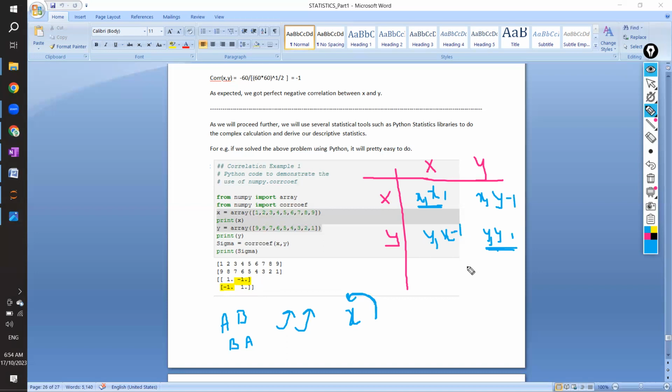Why this is -1 we have seen: the same thing we did above calculates this -1. Similarly, when you pass these values to the correlation coefficient function, it internally calculates the correlation coefficient between X and Y, which is -1. So Y and X will also be -1, Y with Y will be 1, and X with X will be 1. That's the reason.